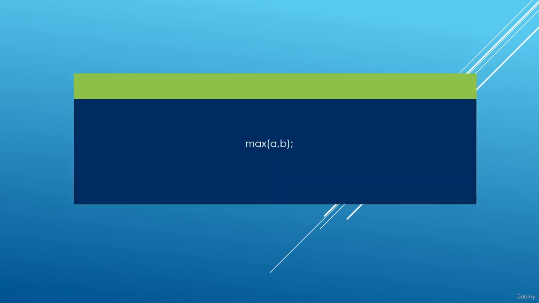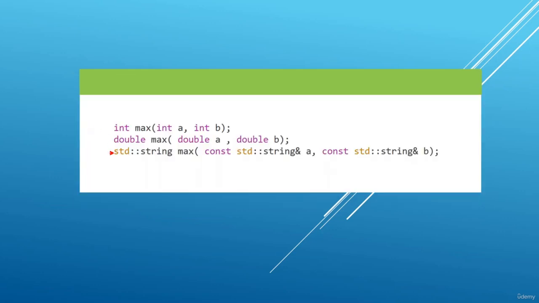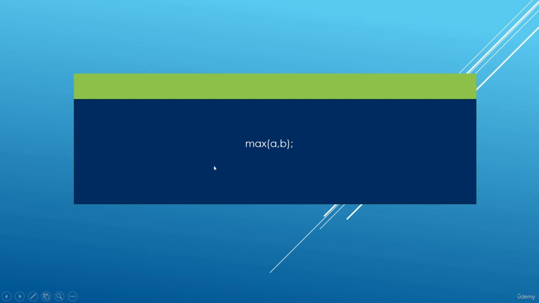If we call our function with std::string arguments, the compiler is going to choose this overload here, and we don't really need to concern ourselves with making sure we have the correct arguments. The compiler is going to choose the correct function overload for us, and it is going to call it, and it's going to be very flexible to call these functions from our C++ code. This is how function overloading can be really useful.